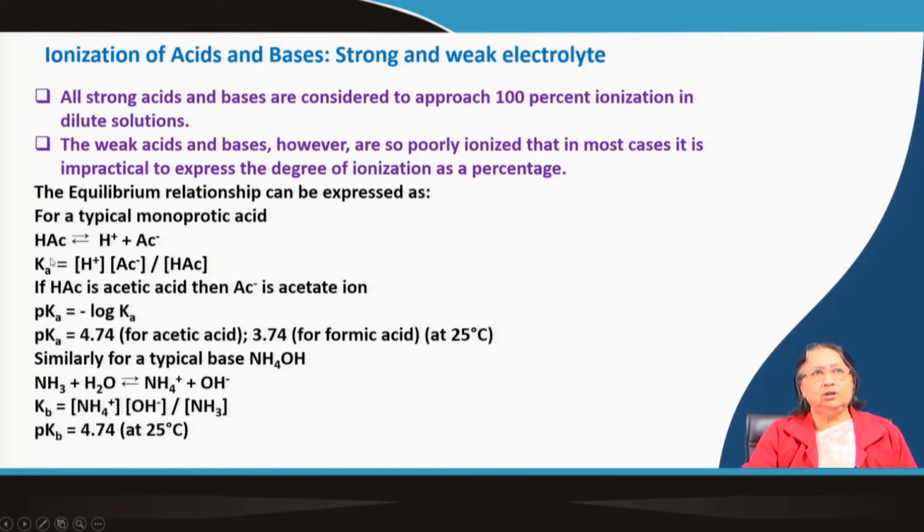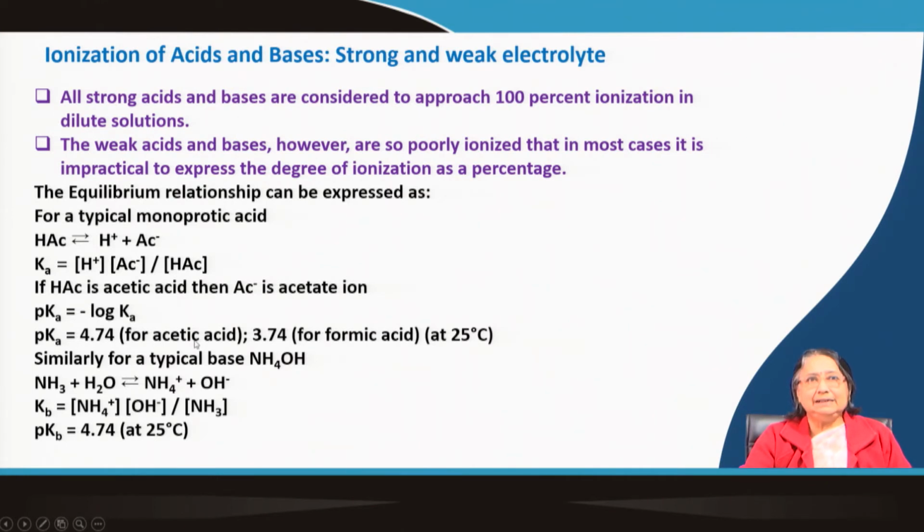Now, just like the H+ ion concentration and the pH, here also the Ka value and pKa value are related in a similar way. What is pKa? pKa is nothing but minus log of Ka. So, if Ka is of the order of 10 to the minus 5, then pKa will be 4 point something.